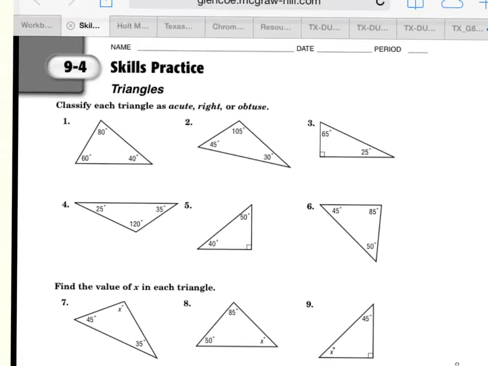So your guiding question, I want you to be thinking about it while you're watching the video so that you can answer it in your summary.